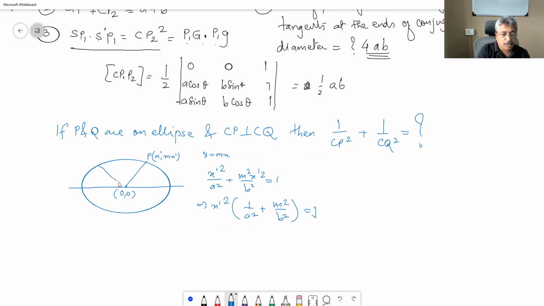Now the perpendicular line is going to be CQ. The equation of CQ is y is equal to minus 1 upon m x, correct?